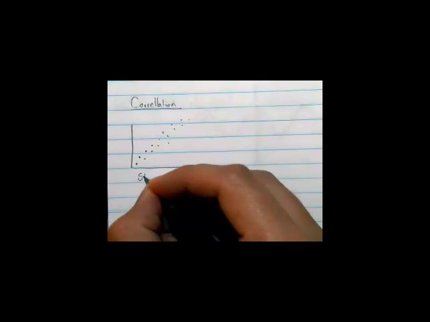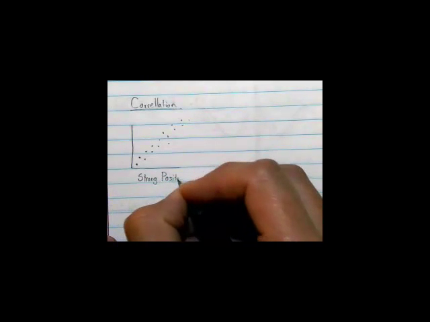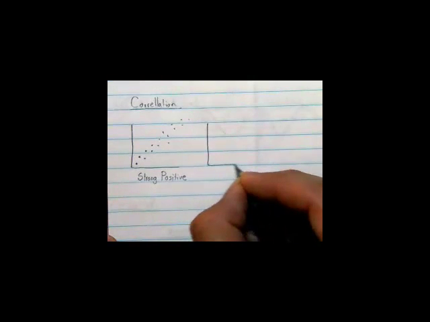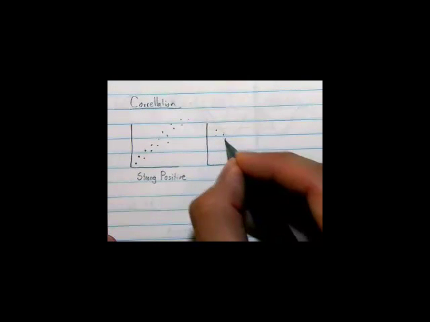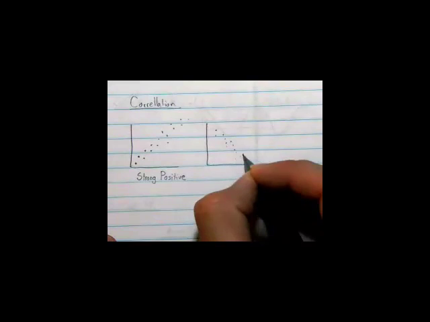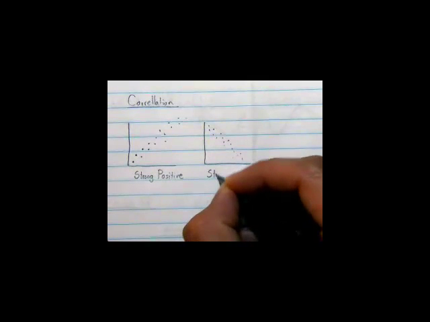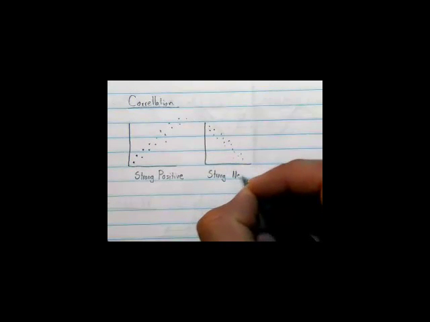So this example that I have right here, this is a strong positive. So likewise, a strong negative would be, it's still all clustering around what appears to be a line, but it's decreasing. So strong negative.